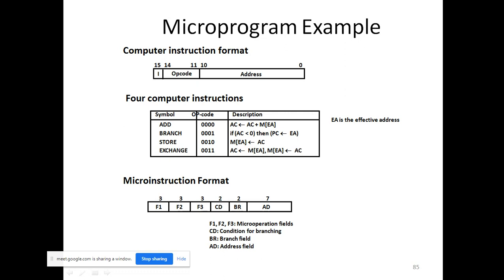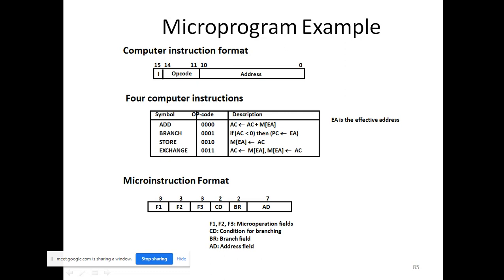Whereas the micro instruction format consists of 20 bits. Add them: 7 plus 4, 6 plus 4, that is 10, 13 plus 7, total it is 20 bits. These F1, F2, F3 are called fields. CD is the condition field for the branch, BR is the branch field, AD is the address field.